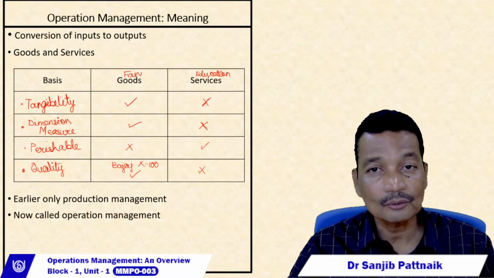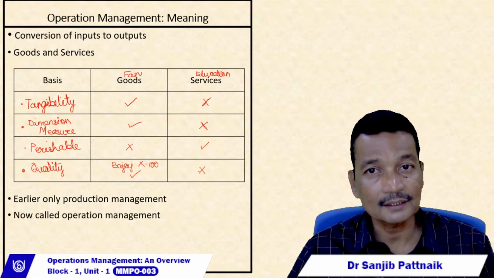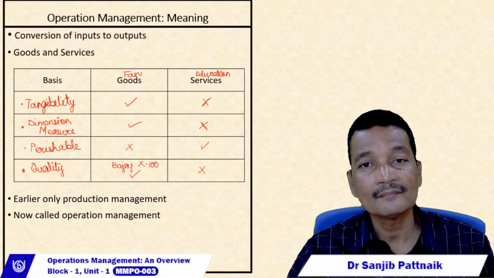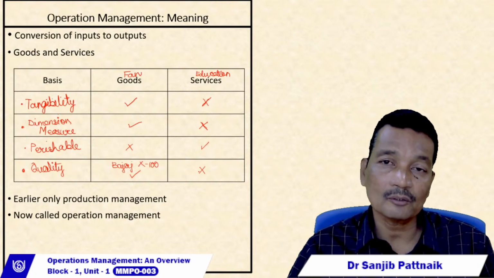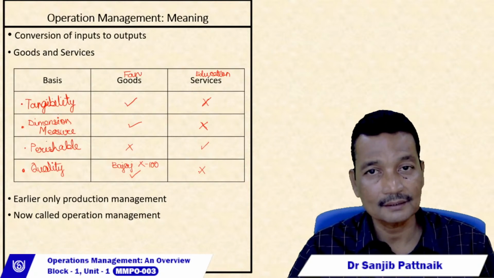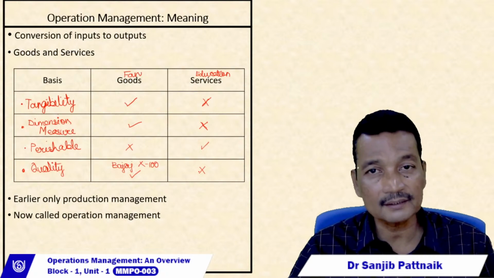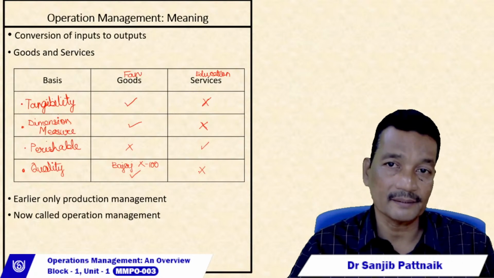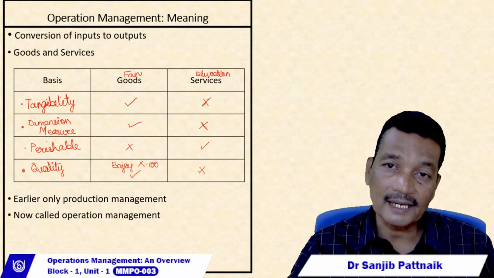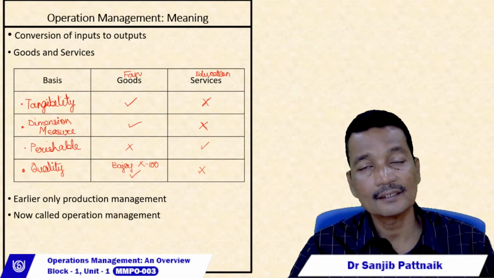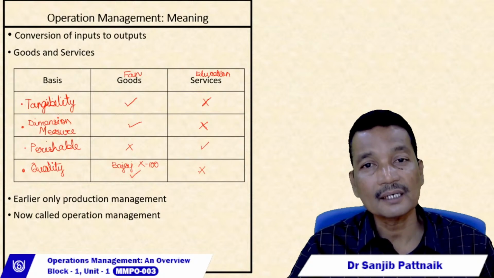But think about the services which are given by ATM, automatic teller machines. They provide banking services. You want to withdraw cash, you go to any ATM. The time it will take is same for every customer.